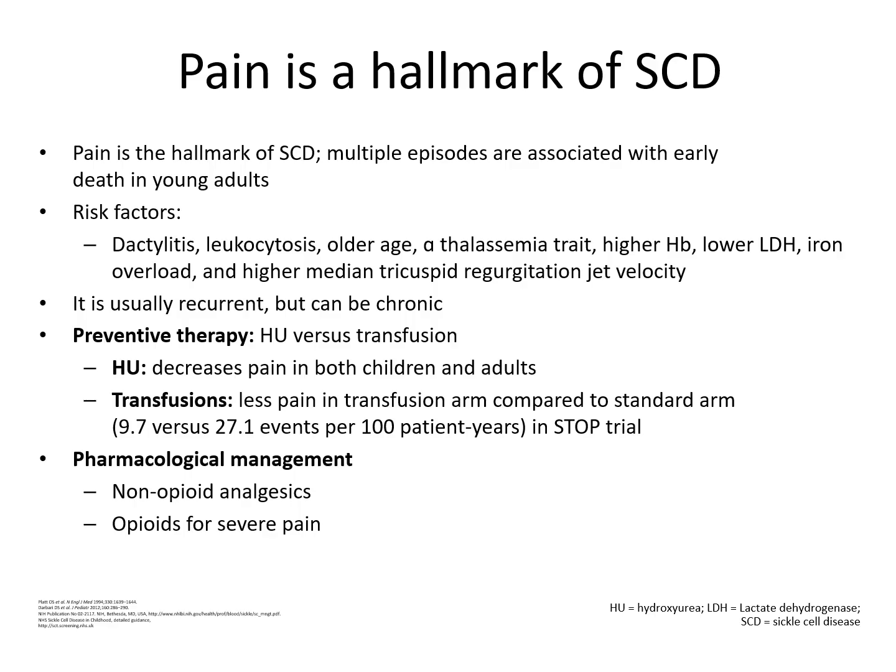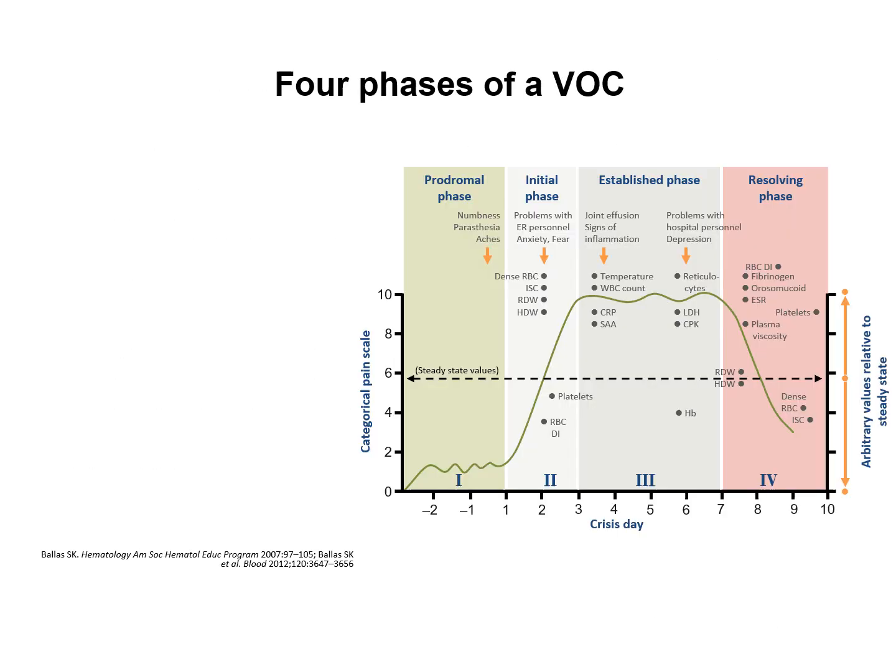Now, the person who did most to study pain in sickle cell disease is an AUB graduate, Dr. Samir Ballas, and he defined the 4 phases of a painful vaso-occlusive episode. And I mention this just out of interest. You don't necessarily need to go into the details about this, but there is a prodromal phase, an initial phase, an established phase, and then the crisis resolves.